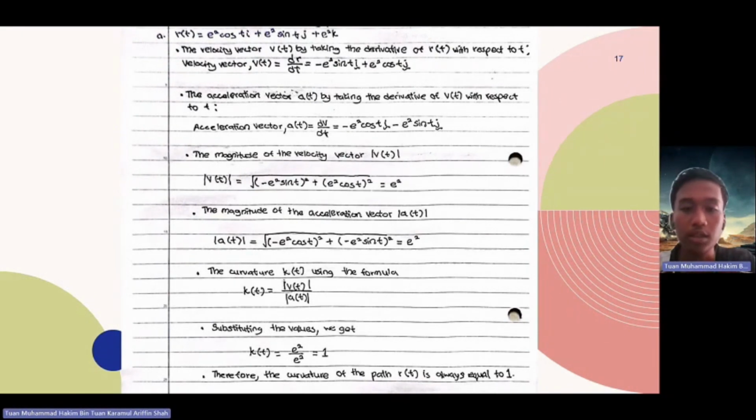The acceleration vector a(t) is also the same as the velocity vector, which is e^(2t). And we find the curvature k(t) using the formula. This is the formula, and we substitute the value, then we get 1.